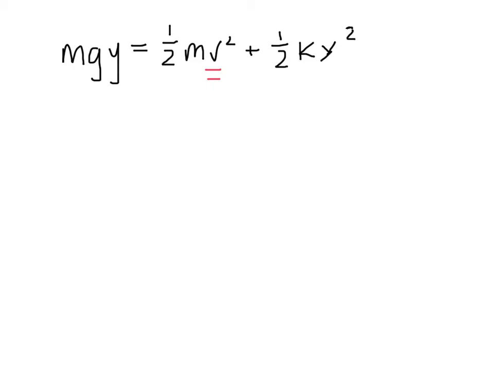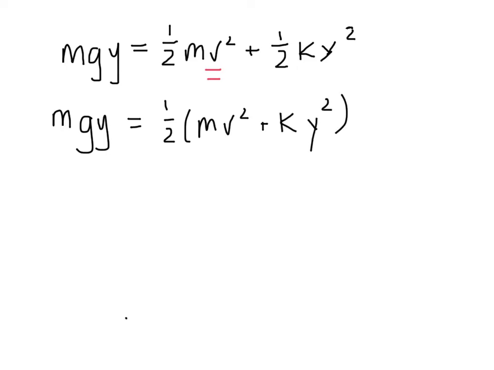As I'm going to solve through, I can write mgy is equal to 1/2 mv squared plus ky squared, and multiply both sides by 2: 2mgy is equal to mv squared plus ky squared.